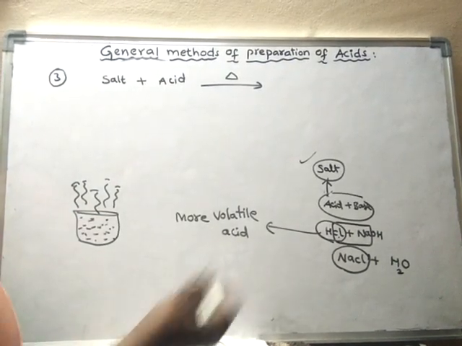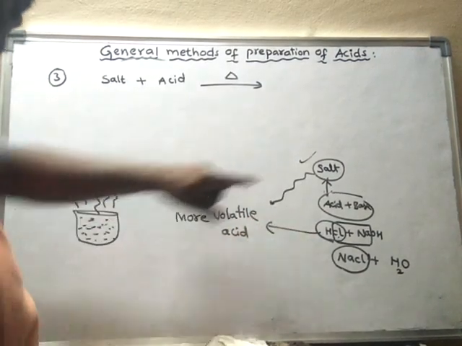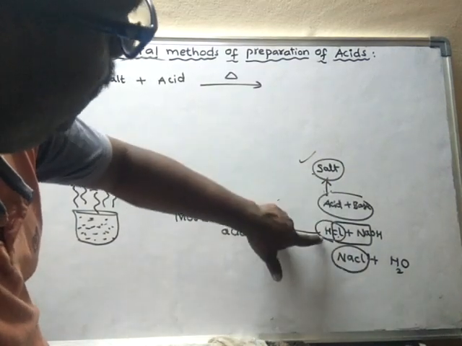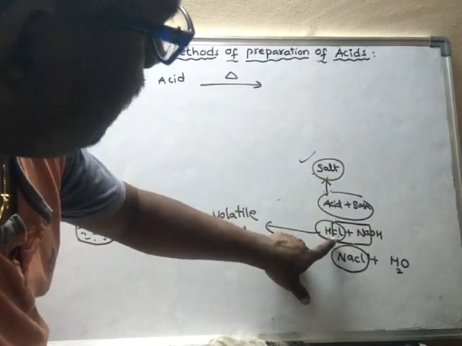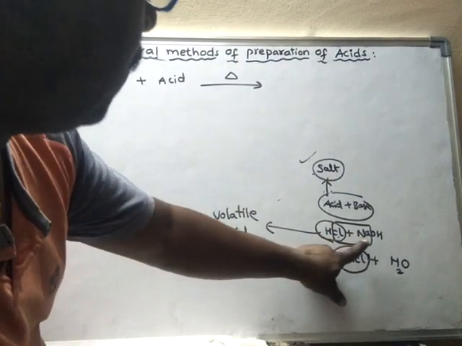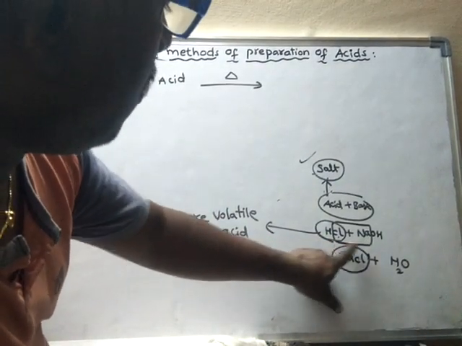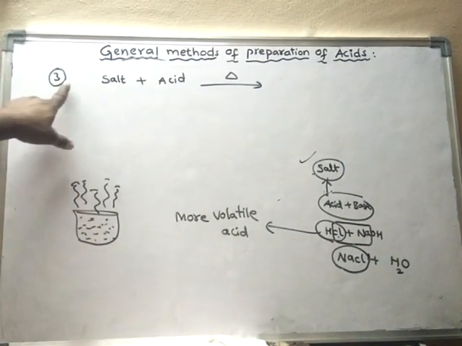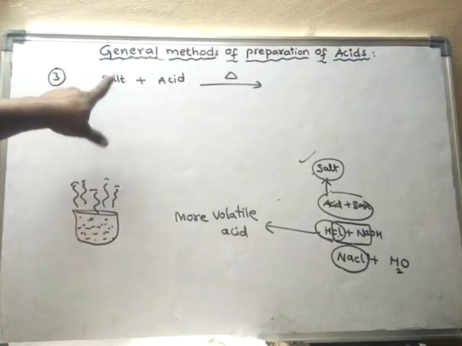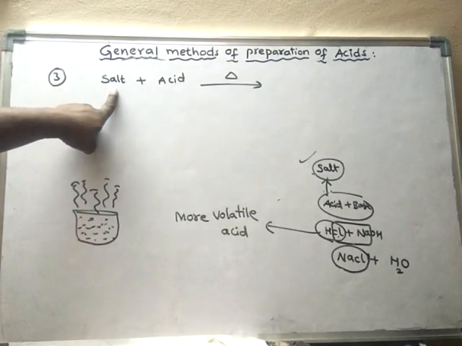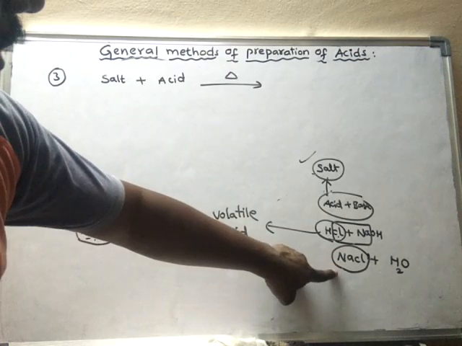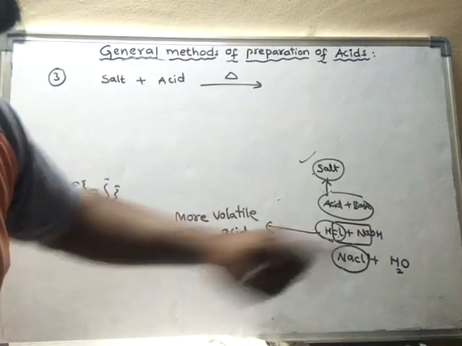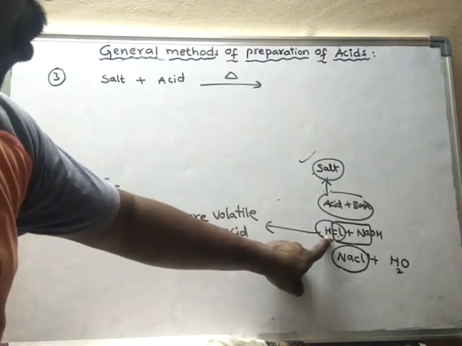Did you understand? The salt which is obtained when a more volatile acid reacts with a base, such a salt we have to take. So in the third method of preparation of acids, we have to take a salt from a more volatile acid.